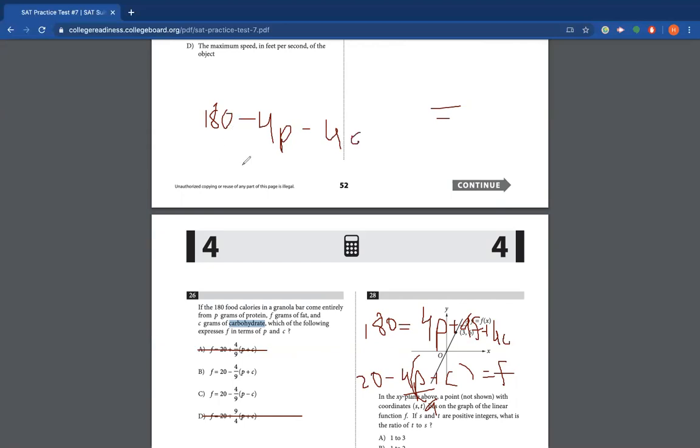And when I take a negative 4 common, I should get P plus C. So it's going to be a plus, not minus.